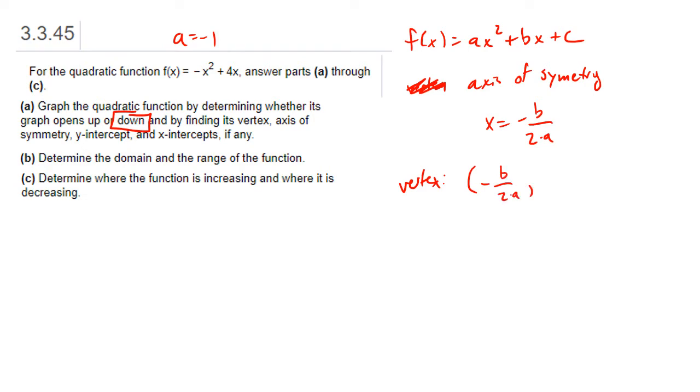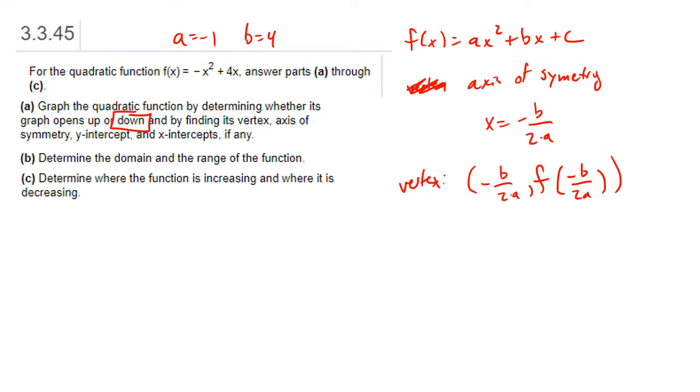The y-coordinate of the vertex is simply whatever you get out when you plug that into the function f. Here, we quickly determined this was opening down just by looking at the number multiplying the x squared term and seeing it's negative. To find its vertex, we're going to rely on this formula right here.